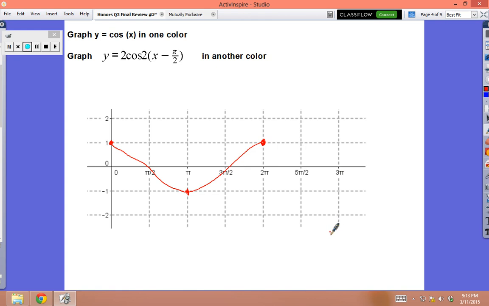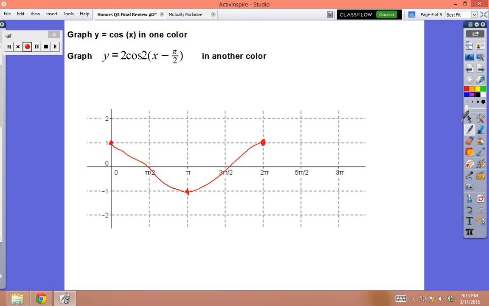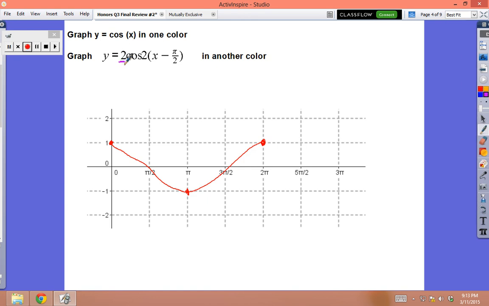So that is my parent function. Now it's been transformed in a lot of ways. The amplitude has changed, the period has changed, and this is your phase shift. Everything has been shifted 90 degrees to the right.